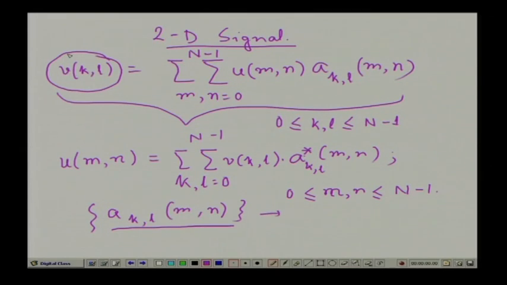Now, let us see what will be the computational complexity of these expressions. If you take any of these expressions, say for example, the forward transformation, where we have this particular expression V k l is equal to double summation u m n a k l m n, where m and n vary from 0 to capital N minus 1.